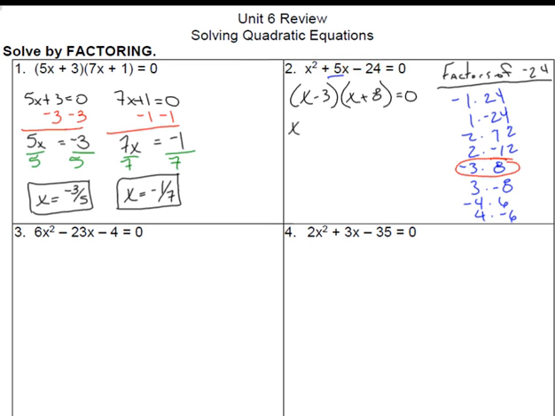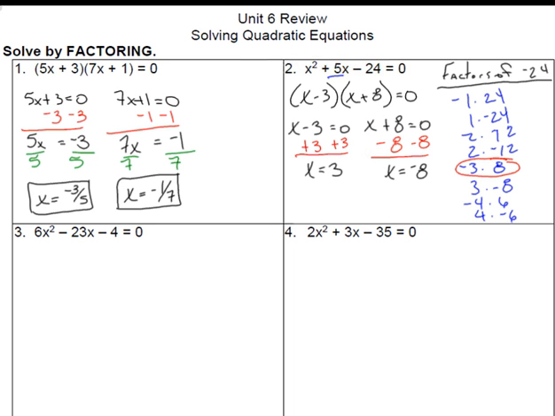I now set each factor equal to 0 using our zero factor property. I'm going to add 3 to both sides. X is equal to 3. Here I'm going to subtract 8 from both sides. X is equal to negative 8.